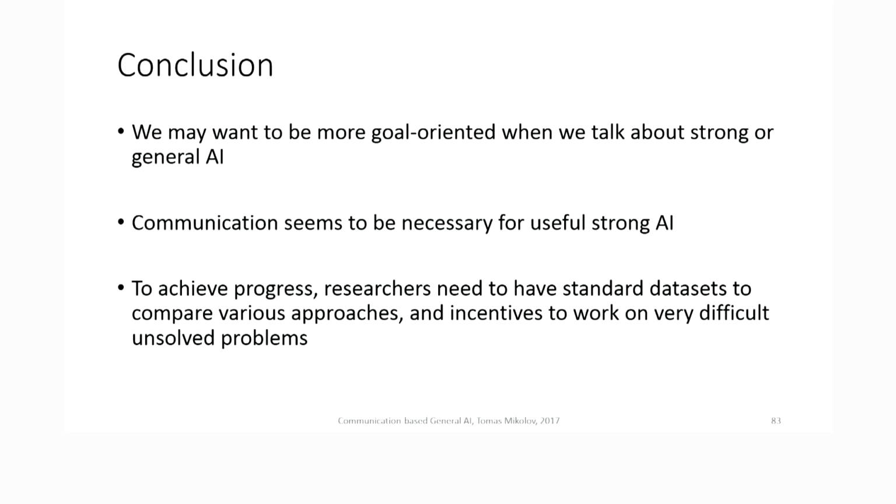And the communication seems to be necessary for strong AI that is really useful for people, because it's hard to imagine AI that would not have the ability to communicate efficiently with us. Like if you build AI to play, say, StarCraft, then if it plays StarCraft very well, what do you do with it next? It doesn't seem to be the end goal. It seems to be a maybe interesting benchmark for testing reinforcement learning algorithms, but on its own, it seems to be less interesting than having an AI that you can actually start teaching right away just by talking with it.